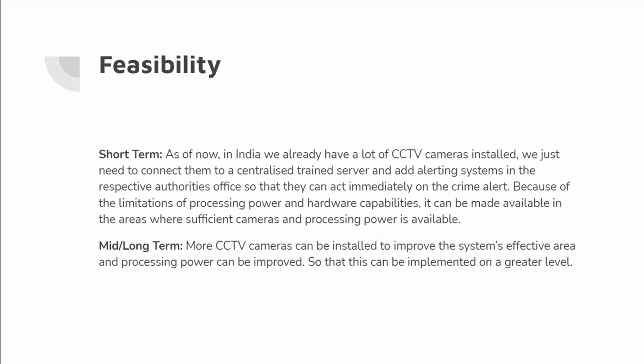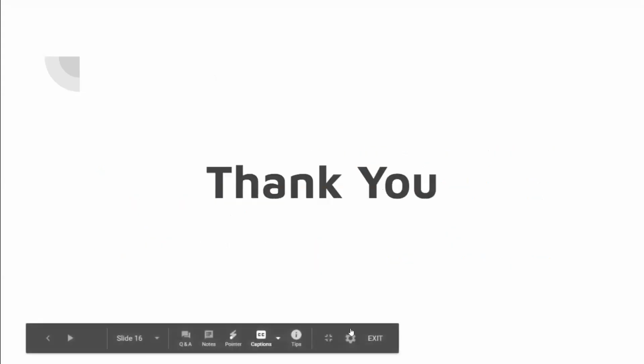The long-term or mid-term goals are that more CCTV cameras can also be installed, as Lokesh told you earlier. Some initiatives like Bhopal Eye can also be extended countrywide, and if possible, worldwide. And each camera can have its own processing power, like a Raspberry Pi, for saving time. Thank you. Any questions, sir?